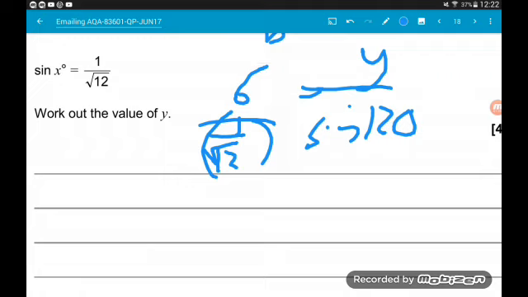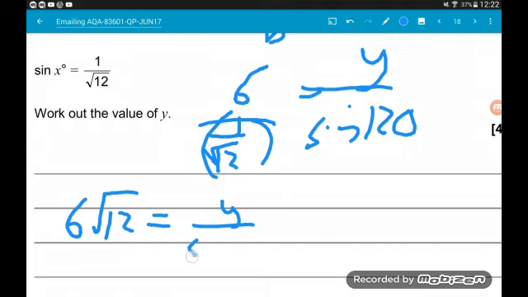Well, remember, when you divide by a fraction, which is what we're doing here, you flip it over and multiply by it. So on the left we've actually got 6 root 12. Now on the right we've got y over sine 120.